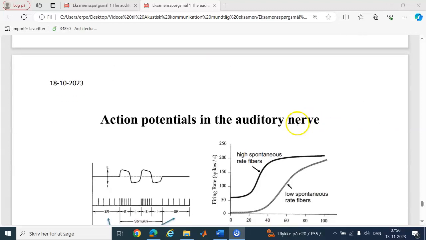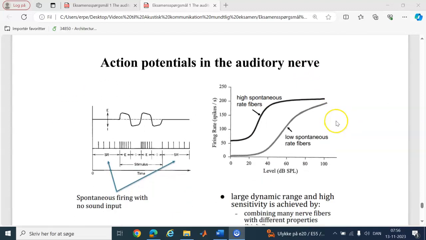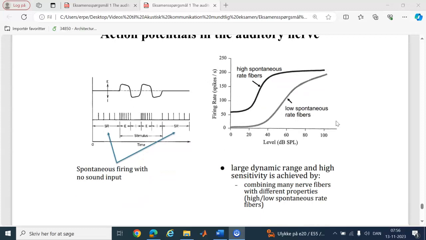Action potentials in the auditory nerve. There is some spontaneous firing with no sound input, and fibers are divided into high spontaneous rate fibers and low spontaneous rate fibers.